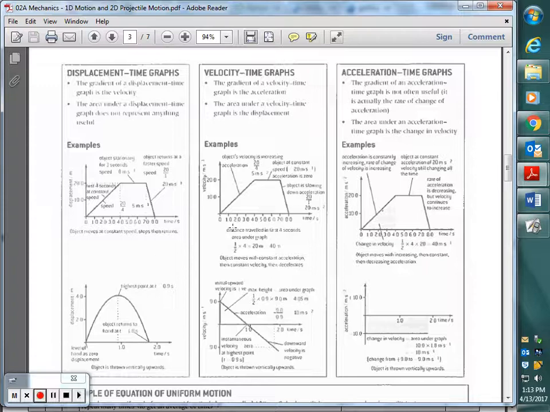Here, the area under the graph tells you how much the velocity changes, the actual change in velocity. So the bottom three graphs here are all for this same motion of throwing the ball up in the air and catching it in your hand. Displacement looks like this. You can see the changing velocity the whole time. Velocity looks like this. You can see that the velocity changes at a very constant rate.